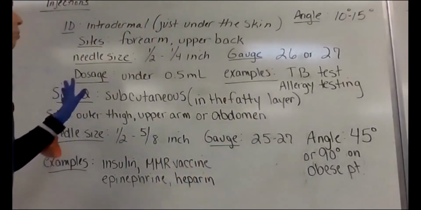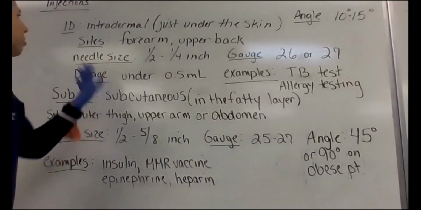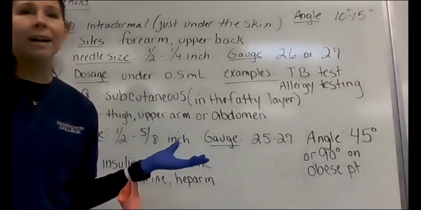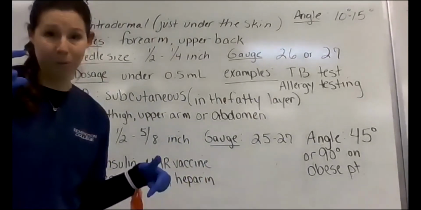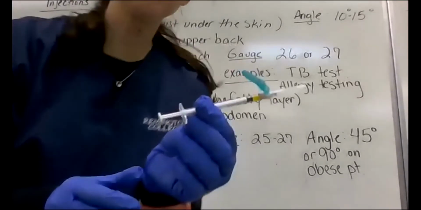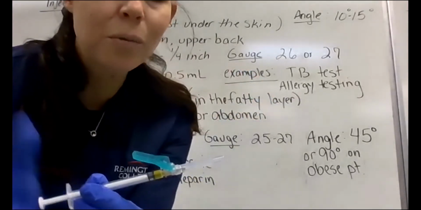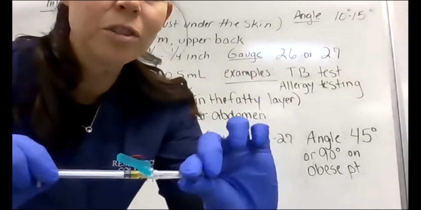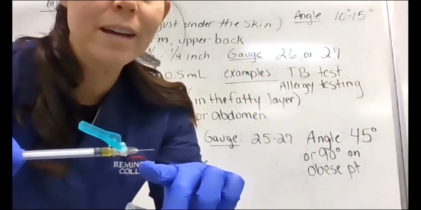What's important to know is a usual dosage, needle size, and gauge size. So needle size is the length of the actual needle. We have an intradermal needle right here. When I show you how to give this injection, this is your syringe and your needle is at the end here.